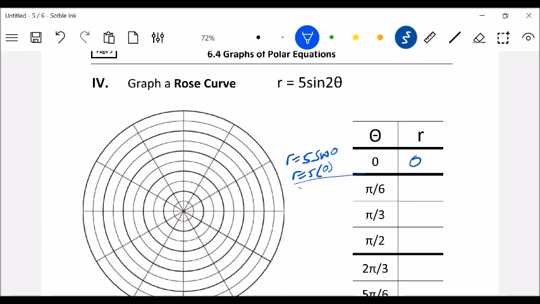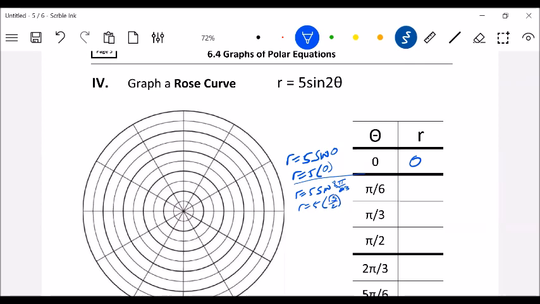Now when we do r equals 5 sine of pi over 6, we have to double the angle, so it's 2 pi over 6, which makes it pi over 3. R equals 5 times the sine of pi over 3, which is square root of 3 over 2.